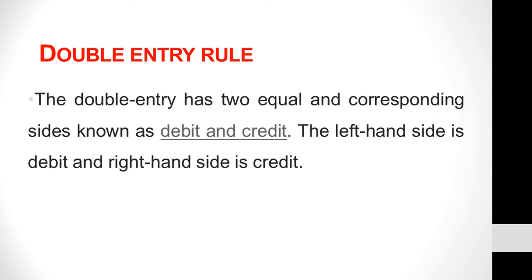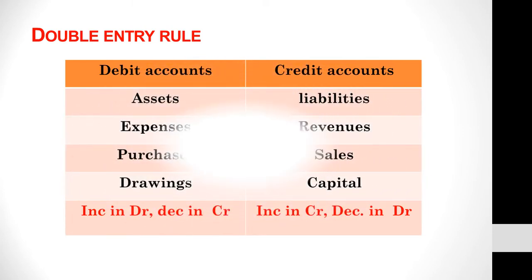How do we determine the debit accounts and the credit accounts? We determine the debit and credit accounts according to the following rule or summary. This is a summary for the double entry rule. This schedule states that we have some accounts that are normally debit.